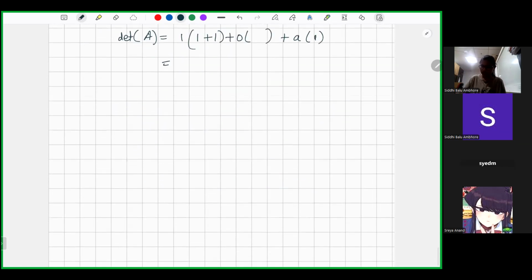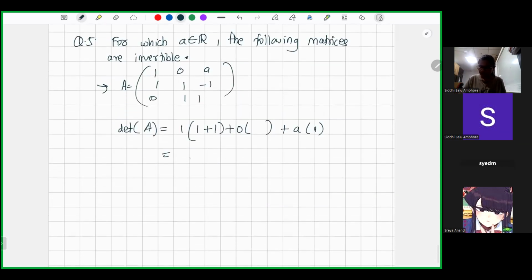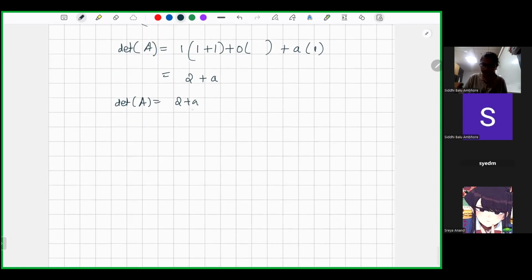So this becomes 2 plus A. I hope I'm correct. This is 1 plus 1, 2, 0, A is 1. So the determinant of A is 2 plus A.